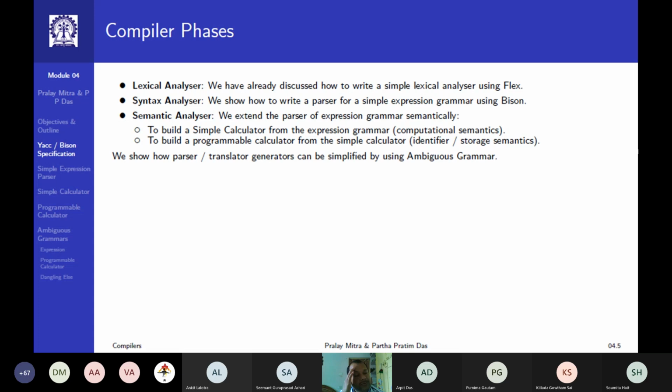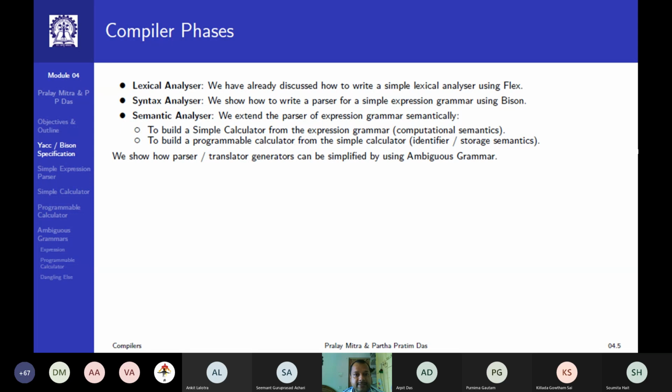For Bison, the good news is that you can directly write the grammar, and most of the other stuff will be taken care of by the Bison utility. Similar to the scanner that you wrote, where you just mentioned the token pattern in the token stream, and the Lexer will take care of the rest.